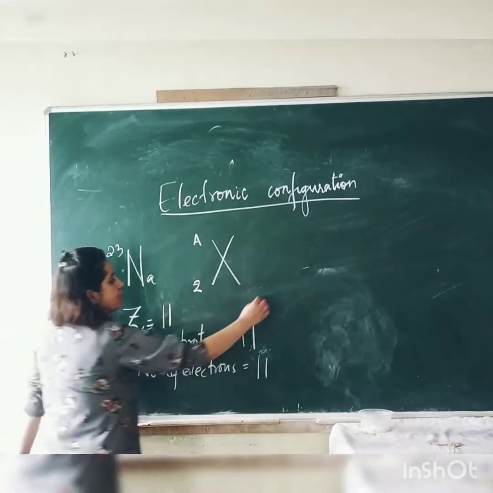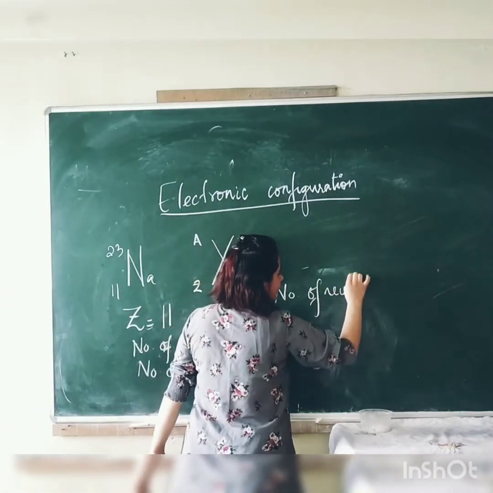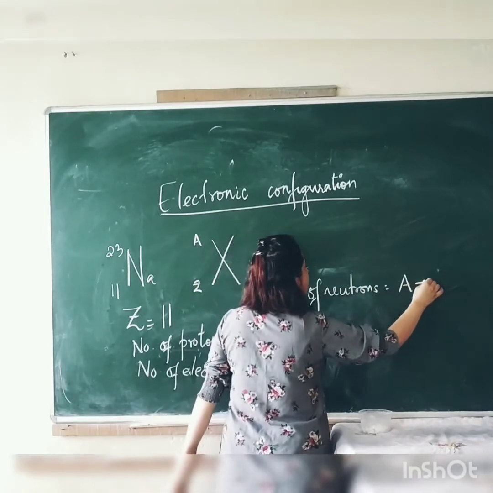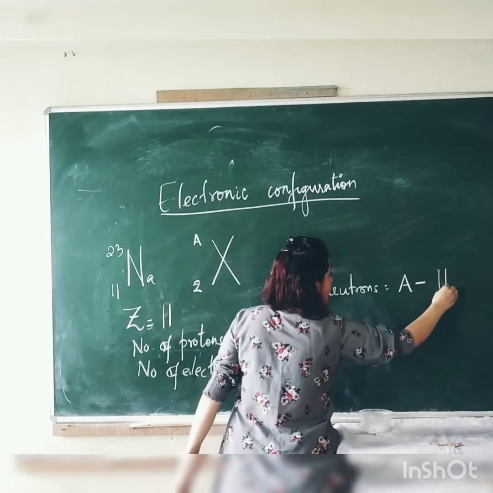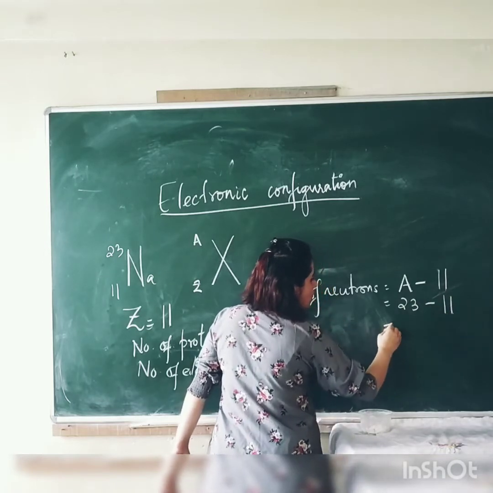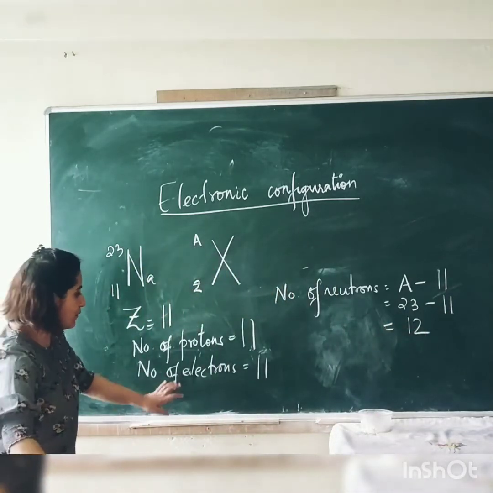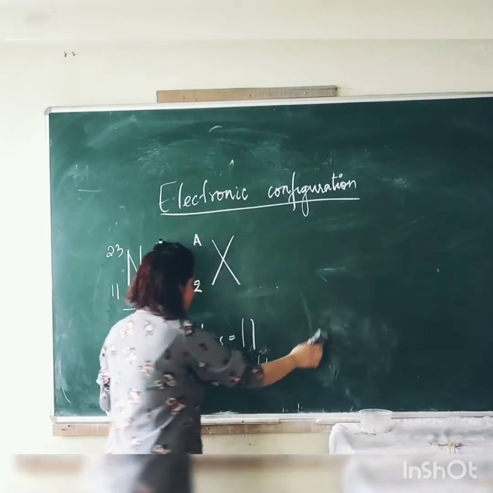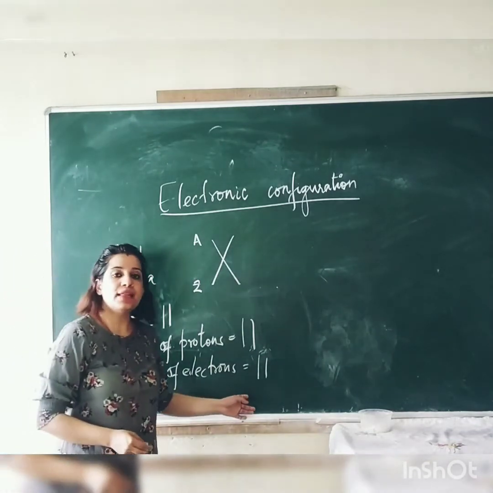And of course, the number of neutrons is equal to the mass number minus the number of protons, so 23 minus 11 will give you 12. So the number of neutrons is 12. But since we are doing electronic configuration, I just need this. Now the number of electrons is 11.